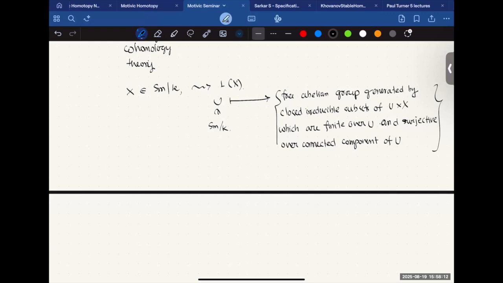Besides the approach we did in the last couple of weeks, you can also look at correspondences of smooth schemes, and build up a theory that models the stable category. You can use this to do the Eilenberg-MacLane stuff as well.